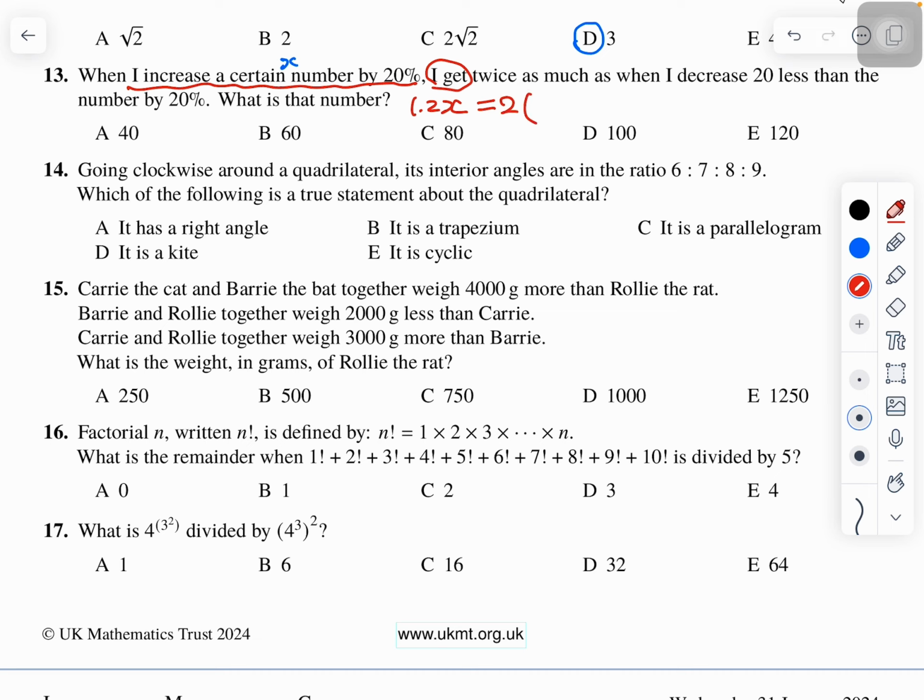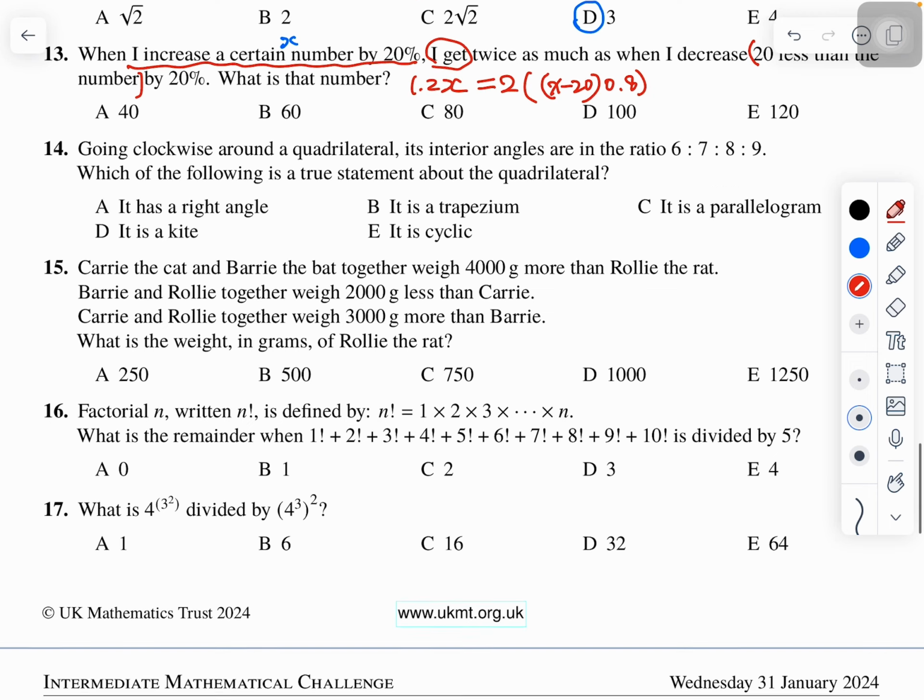When I decrease 20 less than the number by 20%, so 20 less than the number, decreased by 20%, we know this is 0.8 of that number. So here that number means 20 less than the number. So this is the one. So you can solve it.